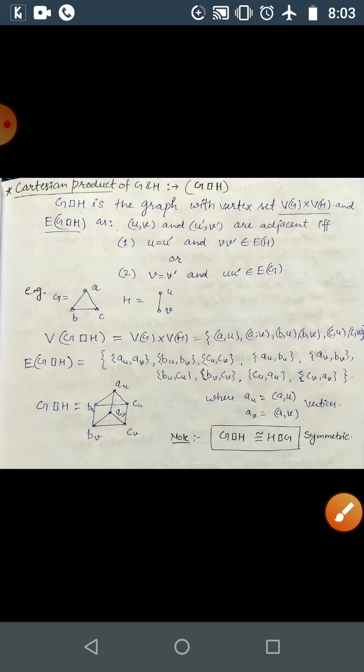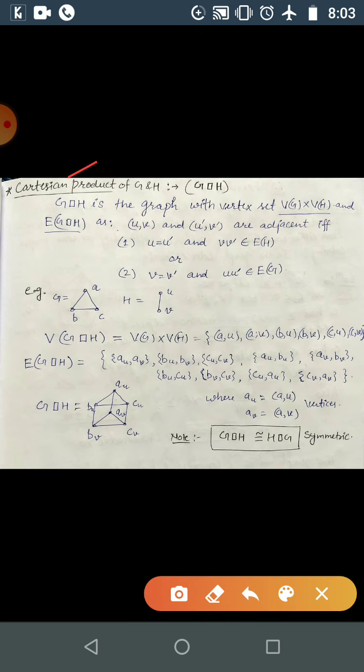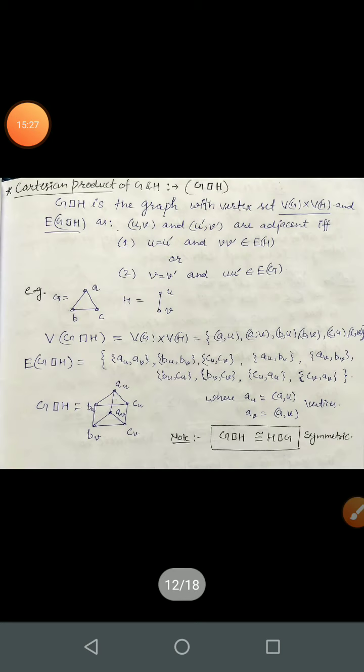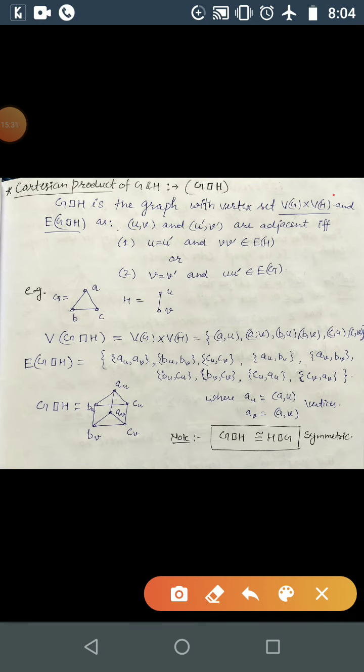Okay, so let's first define what this Cartesian product is. The Cartesian product is denoted by this symbol, or in some books you might find G cross H or H cross G. Obviously it will be a graph with vertex set Vg cross Vh, that is the Cartesian product of the vertices of Vg and Vh.